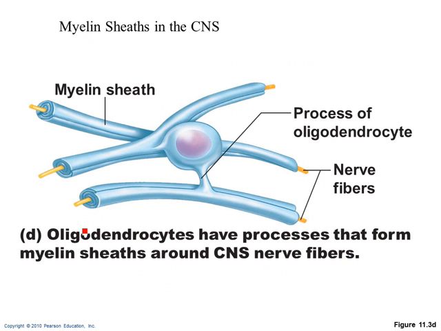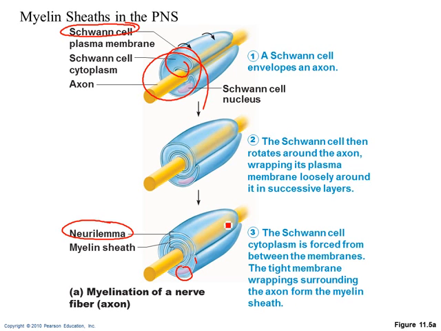Oligodendrocytes kind of work the same way, except the nucleus stays in that central part of the cell, and it sends its processes out and then wraps around the axon, again, like a pig in a blanket. But one cell goes to several neurons instead of a Schwann cell, where the axon's got a Schwann cell here, a Schwann cell here, a Schwann cell here. A little bit different way of working.